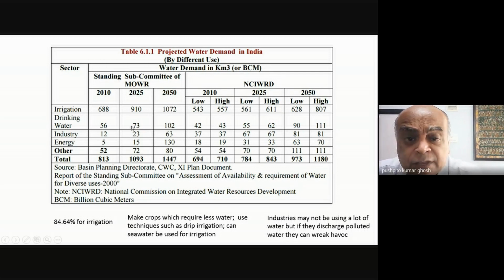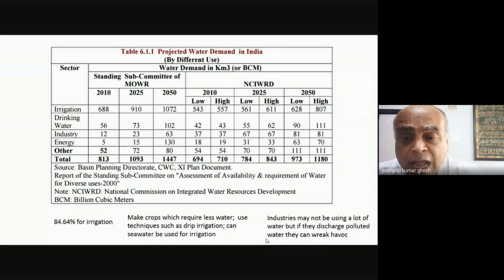And likewise, industries: the water requirement may not seem like a lot, but they have created havoc in terms of discharging pollutants. So whatever water was available, even that water is now not available because it has got polluted.